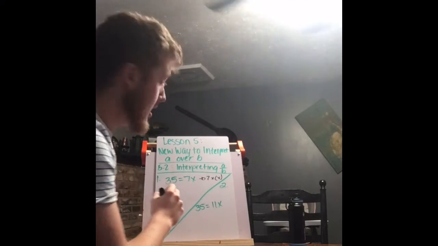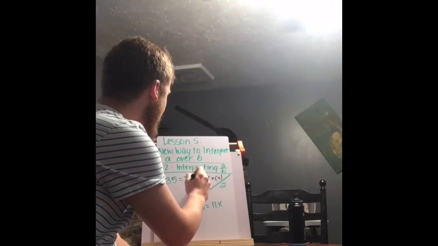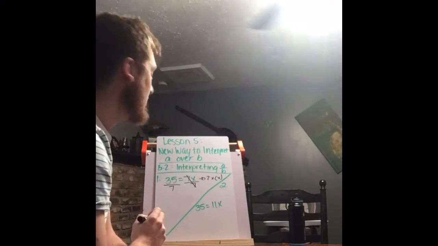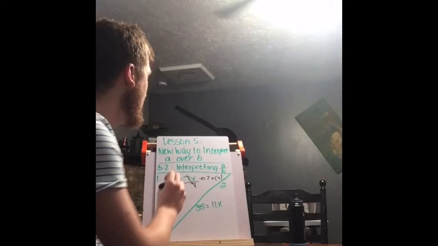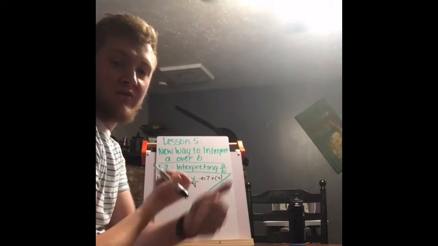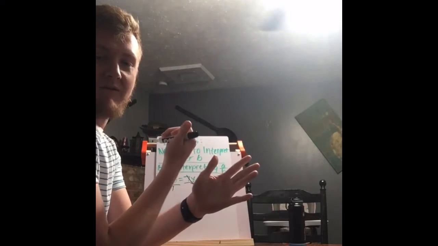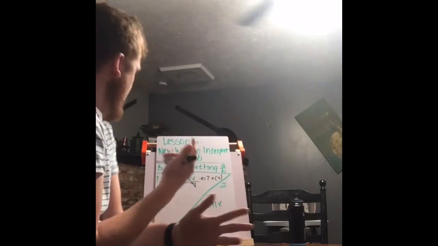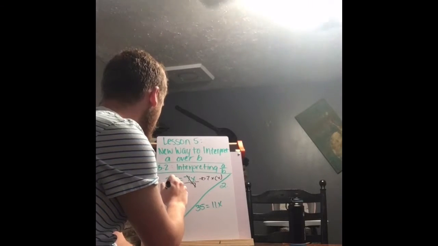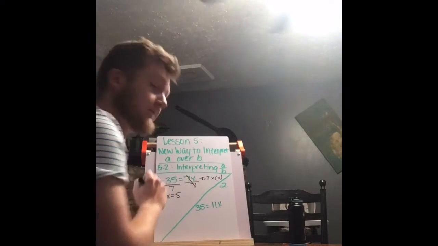We're going to divide the 7 out, so we have 35 divided by 7. 7 goes into 35 5 times: 5, 10, 15, 20, 25, 30, 35. So therefore x equals 5.